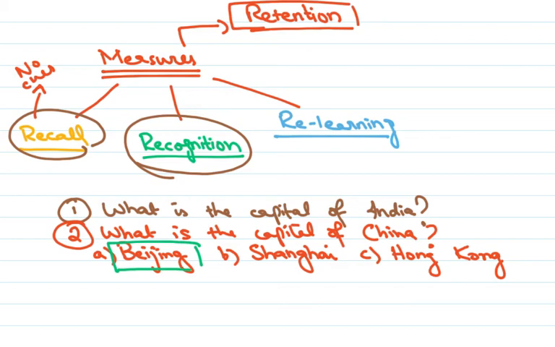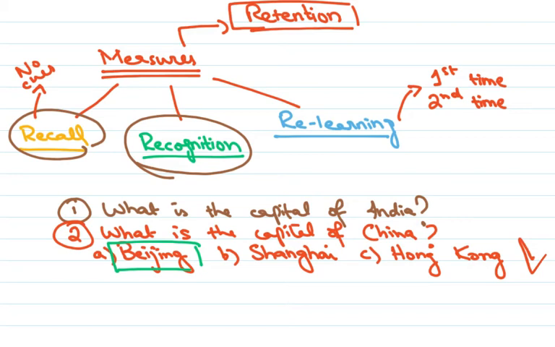What exactly would be a relearning measure of retention then? A relearning measure of retention requires you to learn material a first time and then a second time, and you see how many more times you need to go over the material again in order to retain it.